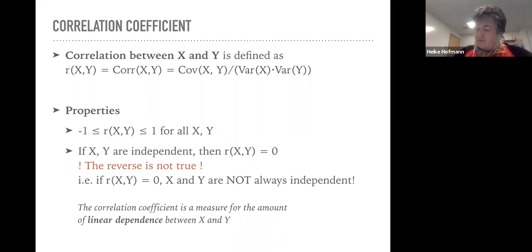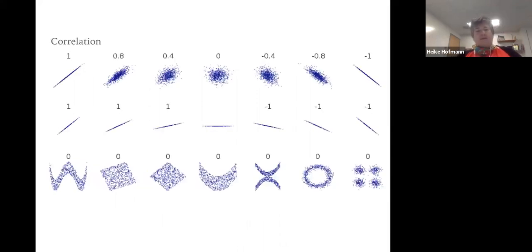So let's have a look at some situations for relationships in X and Y, and let's have a look at how that boils down in correlation. The top line shows scatter plots of X and Y with correlation coefficients that you might expect.